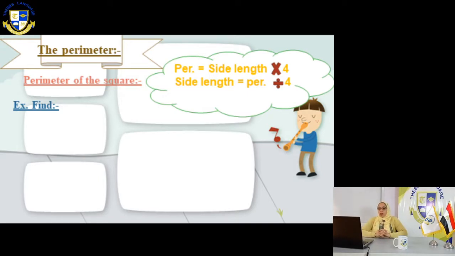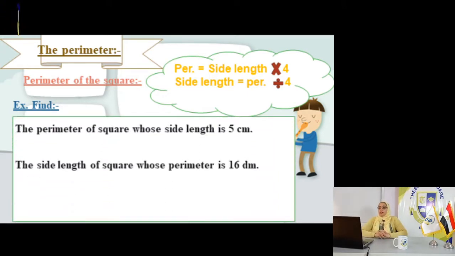The perimeter of a square whose side length is 5 centimeters. Here he asks about the perimeter. Be careful. In this question, we must read the question very, very well and know which data is given and which data is needed or required.